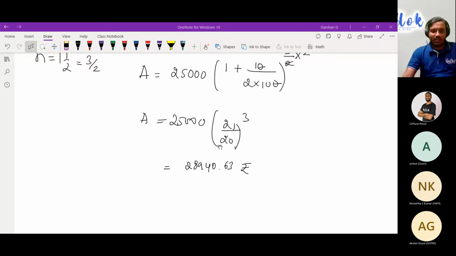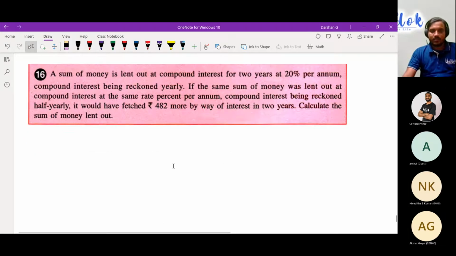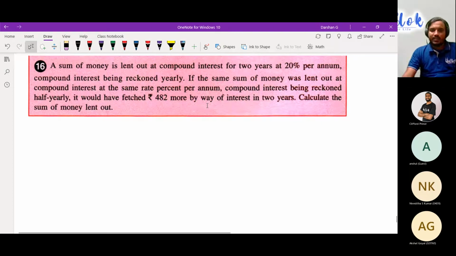Okay, so we have one last problem from this because we have 3 more minutes. This will be the last problem for this chapter. A sum of money is lent out at compound interest for 2 years at 20% per annum, compound interest being reckoned yearly.